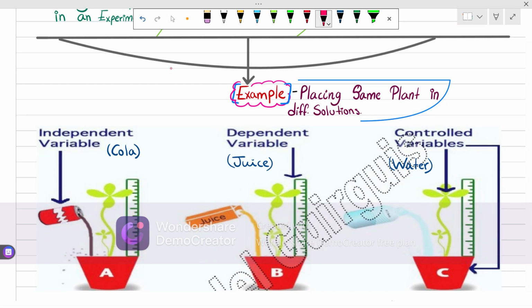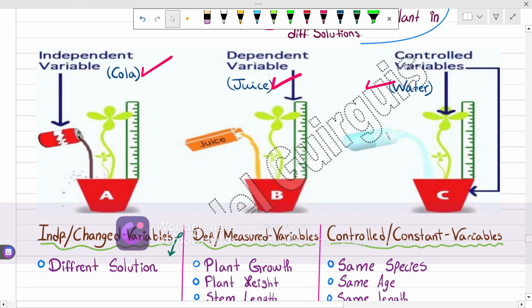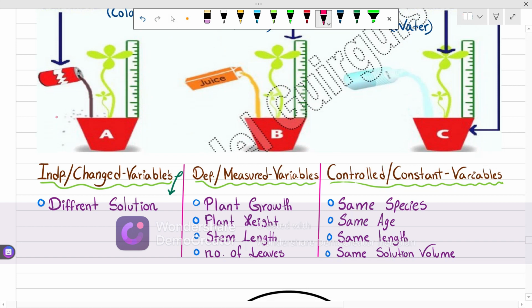For example, placing the same plant in different solutions. So this is the same plant, we place it first in a solution of cola, then in a solution of juice, and last in a solution of water. The independent variable is the different solution because this is the one thing we change in the experiment.